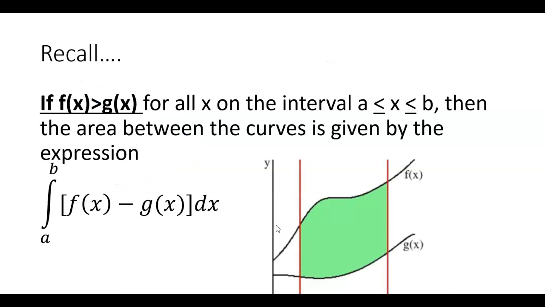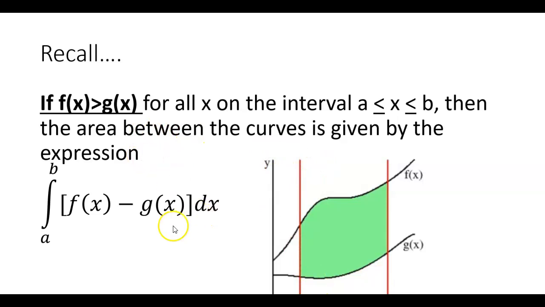And so let's review really quick. You might remember that if you want to find the area between two curves, you're going to take the function on the top and subtract from it the function on the bottom, so f of x minus g of x, and you integrate from a to b, whatever endpoints you want on the x-axis.